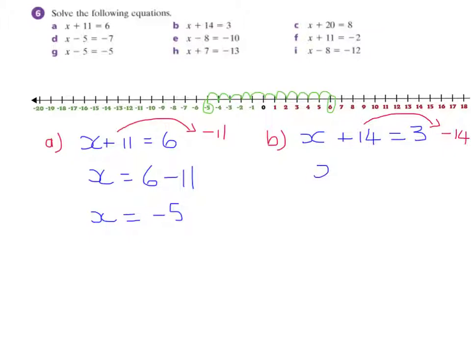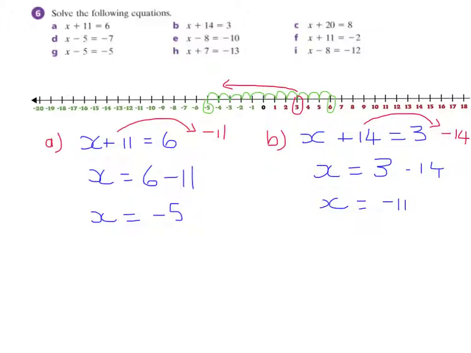Got my x by itself, so 3 take 14, what's that going to equal? I can start at my 3, go back 14, you can count them back or you can do it in your head, and it'll be negative 11.